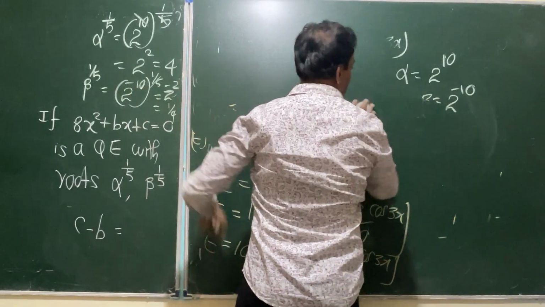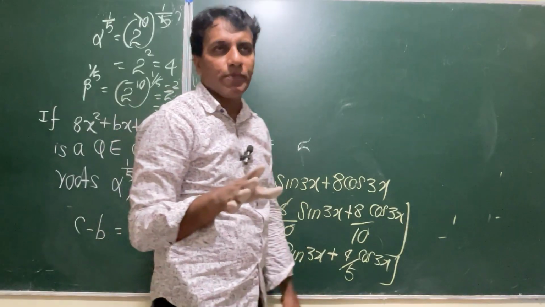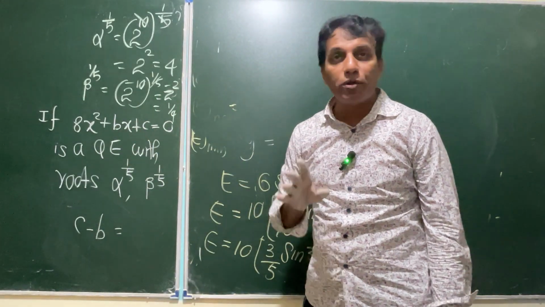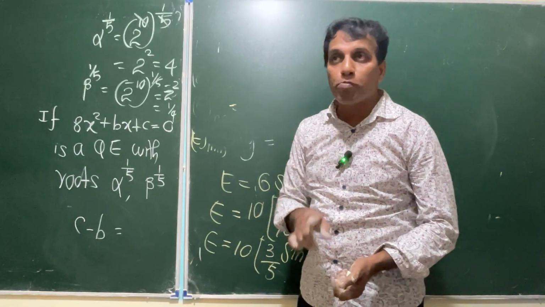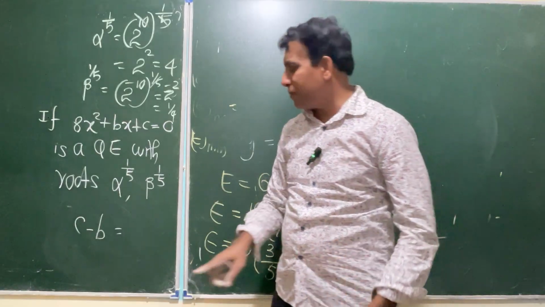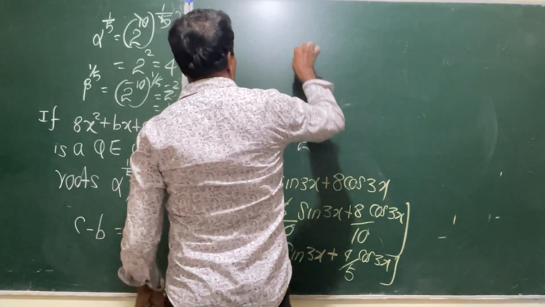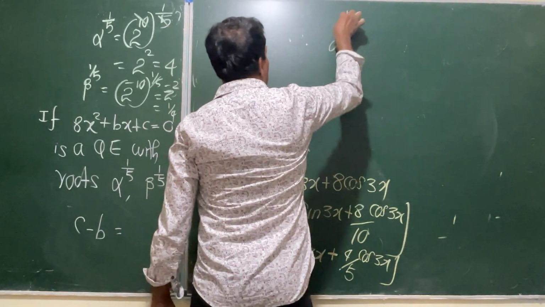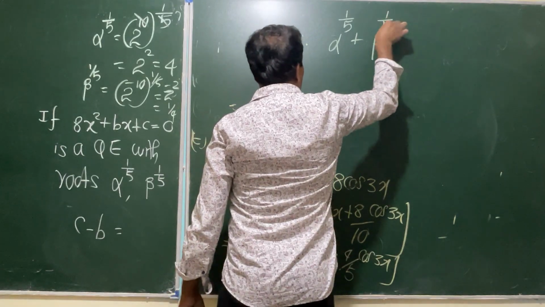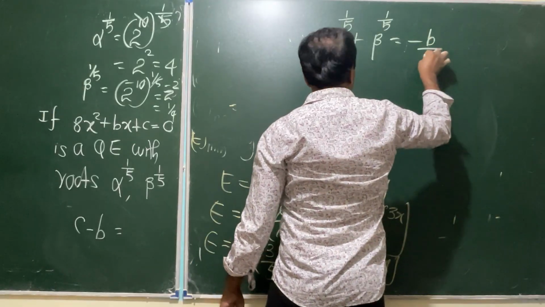Okay, now you know if a quadratic equation is provided, 8x square plus bx plus c equal to 0, the sum of the roots is minus b over a, the product of the roots is c over a. But the question is, what is c minus b? Therefore, alpha to the power 1 over 5 plus beta to the power 1 over 5: the sum of the roots is minus b over a.